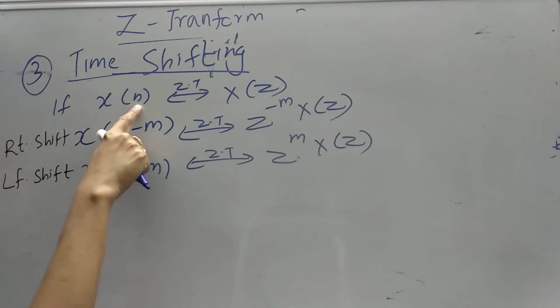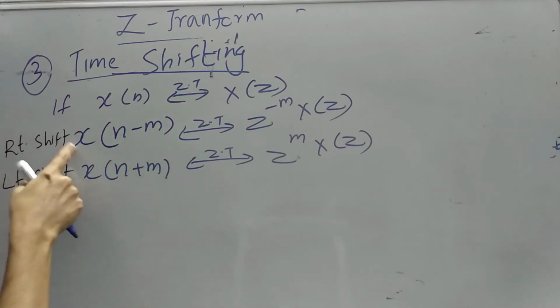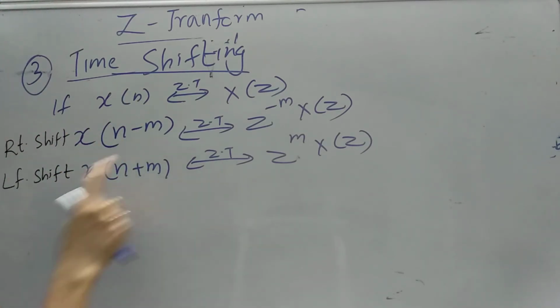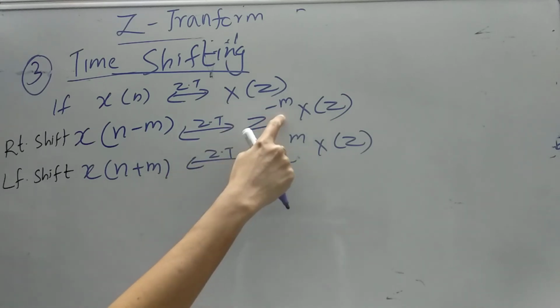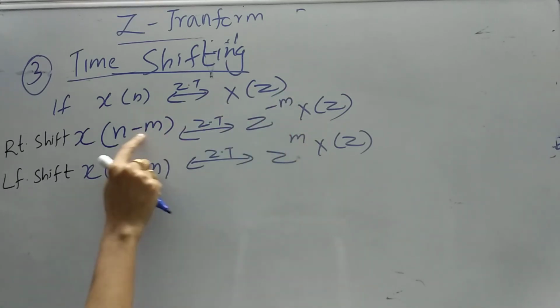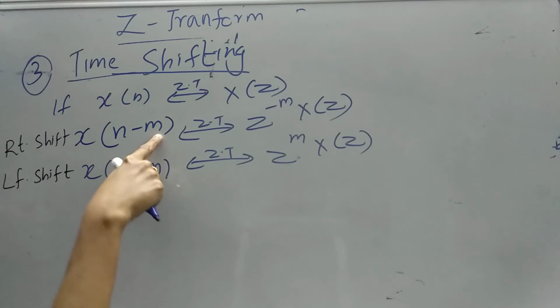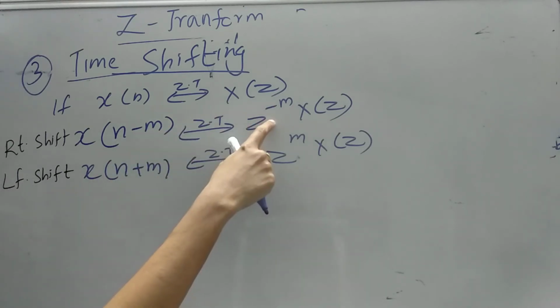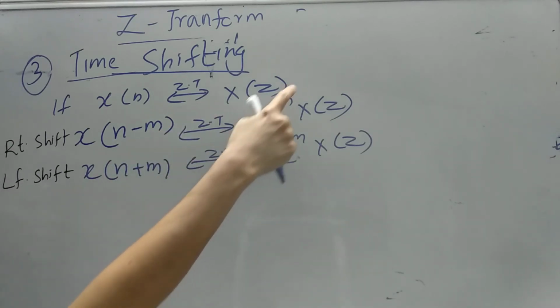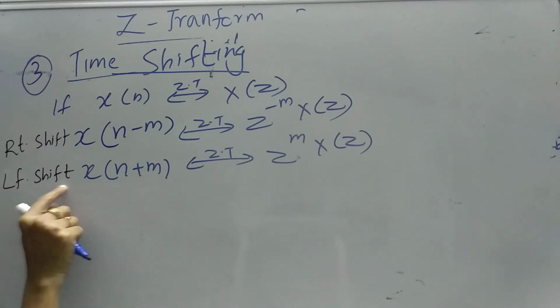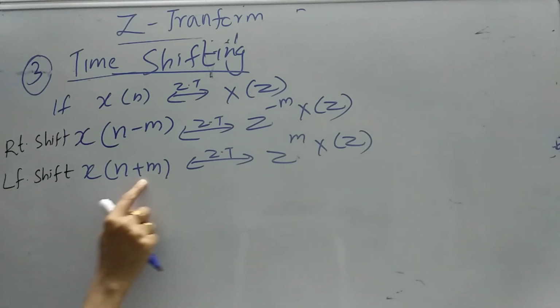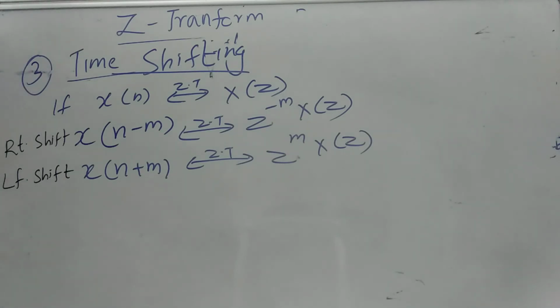So if you shift this x of n either to the right side or left side, our z transform pair also will get altered by this shift. If it was shifted by minus m, you will get z raised to minus m. If it is shifted to the left side by plus m, here also you will get plus m. Now let us prove how it is.